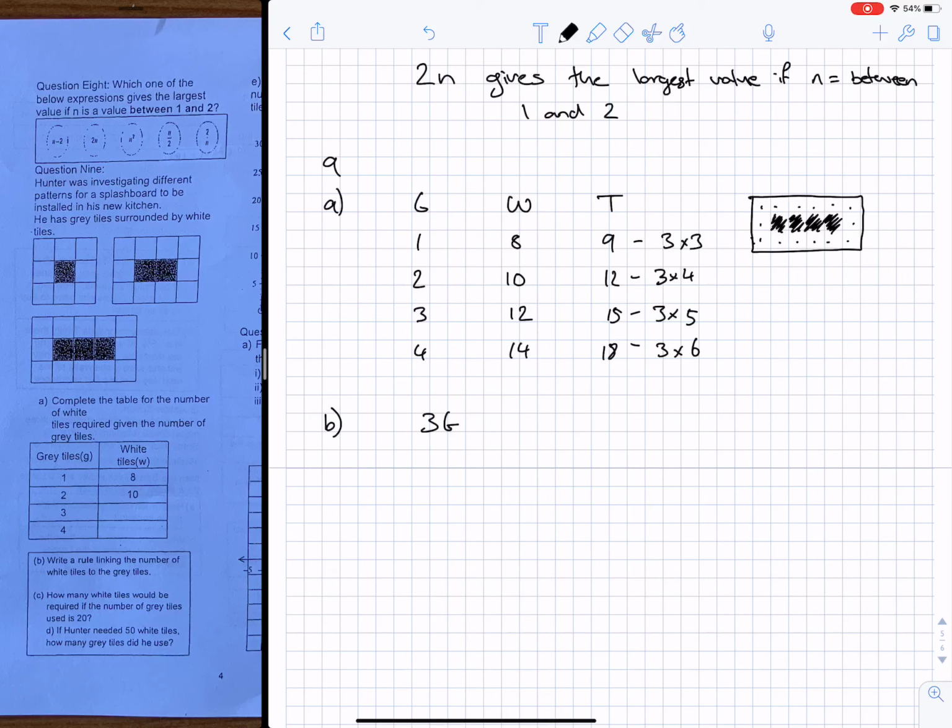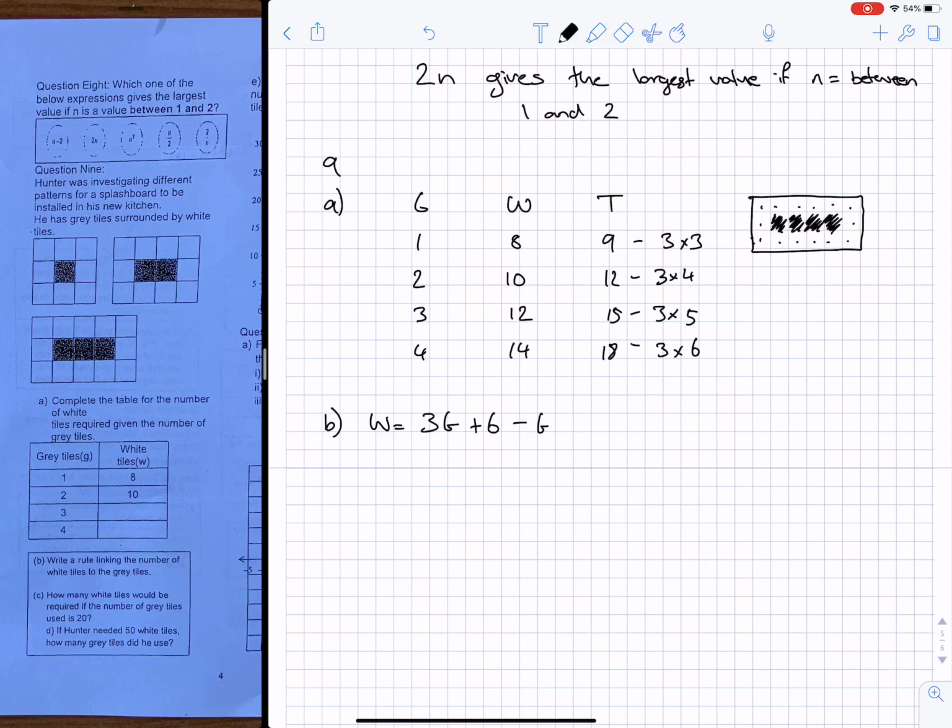So 3 times the grey tiles is, 3 times 2 is 6, plus 6 minus g. So we can see that this formula so far works for when g equals 2.